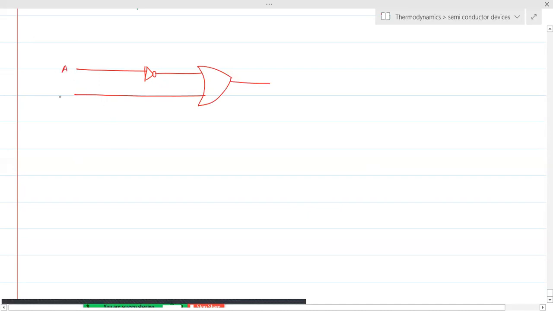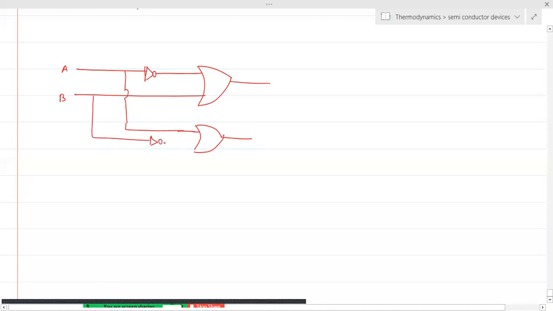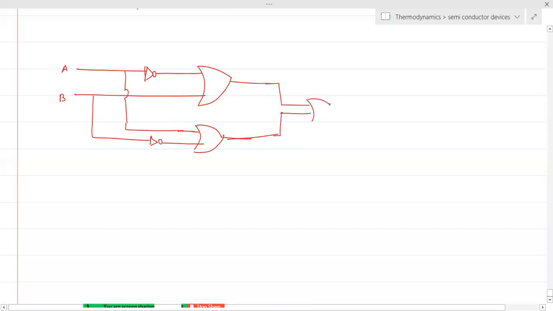This is A and this is B. We are bypassing this one and providing it to another OR gate, and we are giving another NOT. Now both are given to a NOR gate.